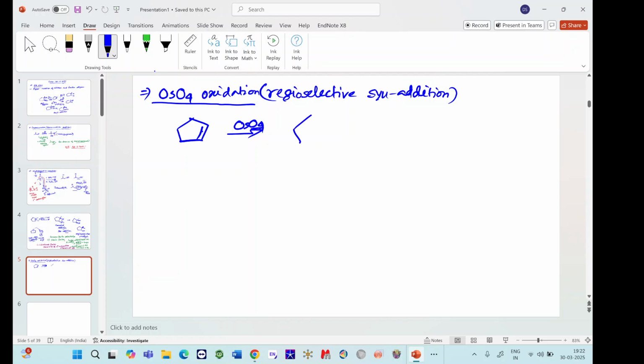So it will look like either this one, or from the other side.